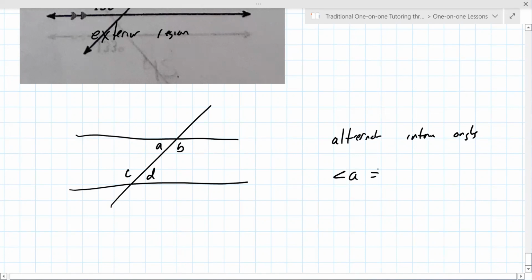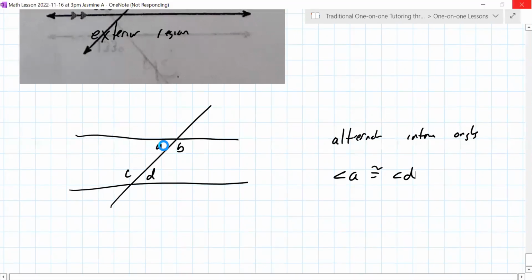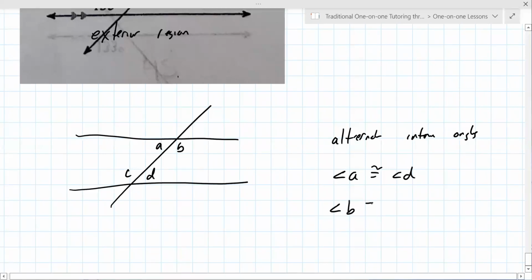Angle A is congruent to angle D. That's alternate interior angles. They are on opposite sides of the transversal, but they're in the interior region. It is also the case that angle B is congruent to angle C, and that's what you used in this last problem.